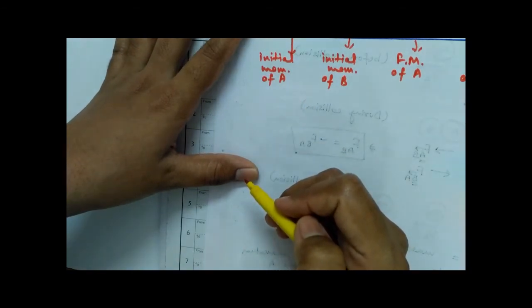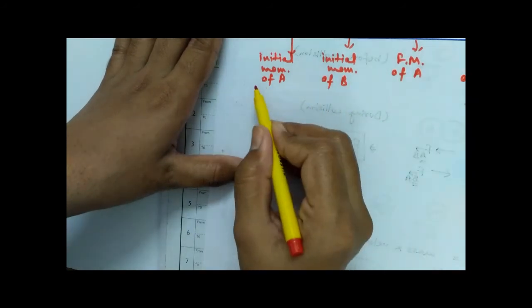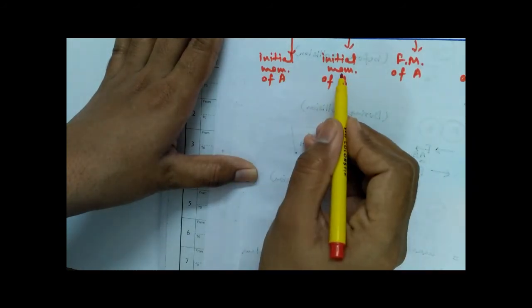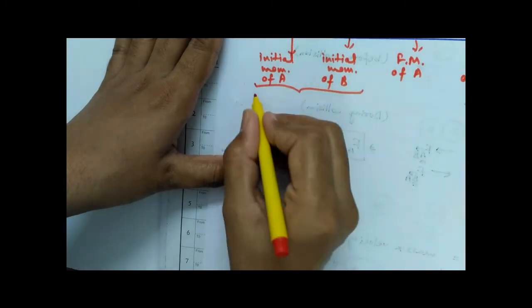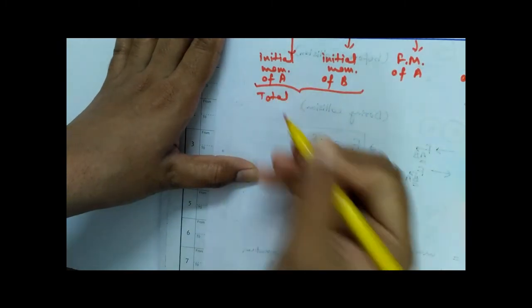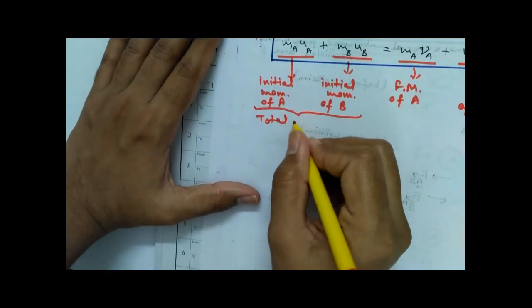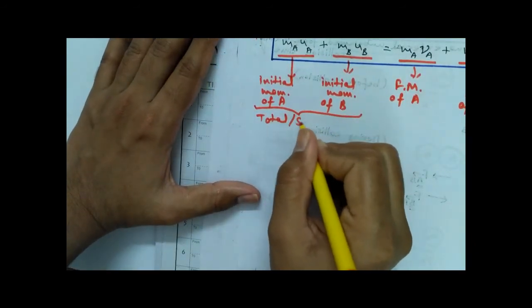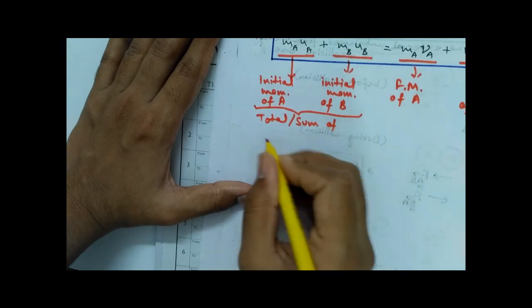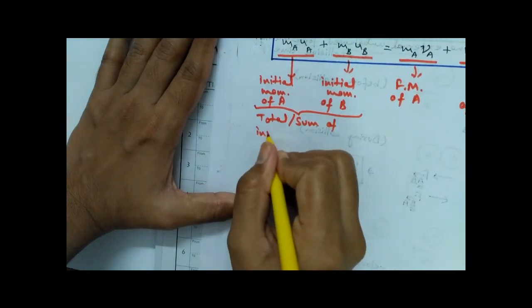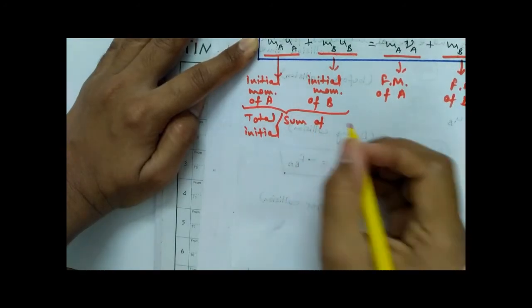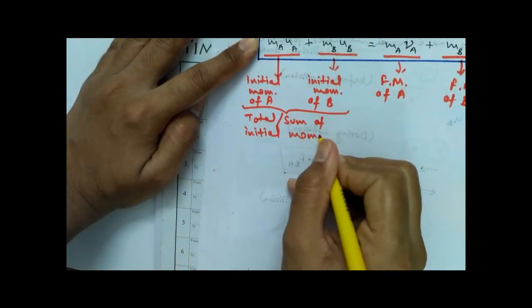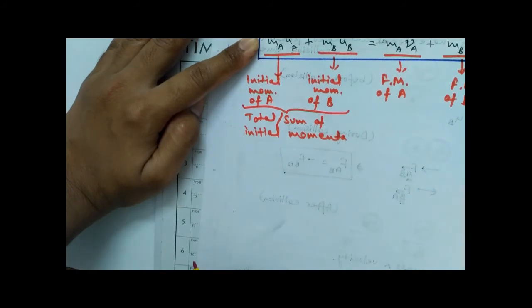So the sum of two momentum will be momenta. So these will be the total or sum of initial momenta of a and b.